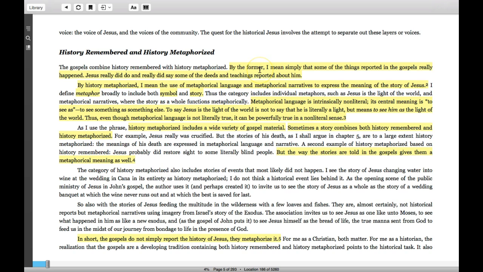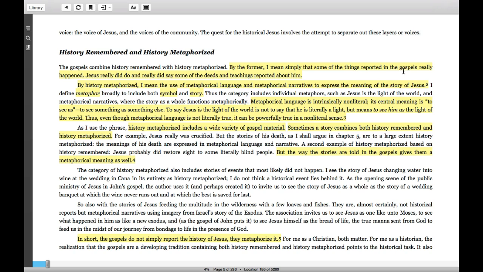By the former, again, history remembered, I mean simply that some of the things reported in the Gospels really happened. Jesus really did do and really did say some of the deeds and teachings reported about him. That's what he means by history remembered. History remembered is simply what Jesus did and said. And some of the Gospels contain some of what Jesus really did say and really did do.